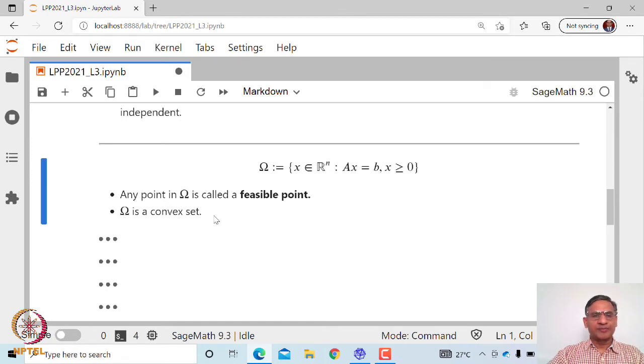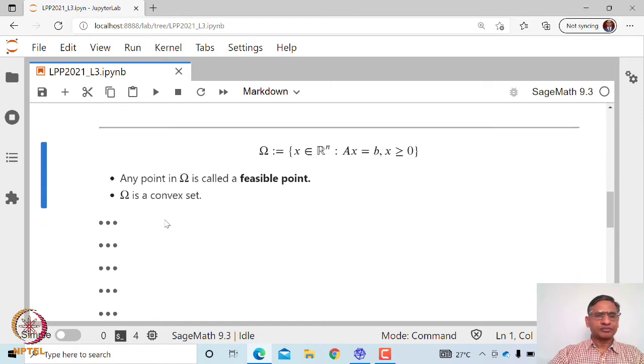What do I mean by that? It means that if you take any two points inside omega, then the line segment joining those two points will also lie inside omega itself. Any such set is called a convex set, and one can show that omega is always a convex set. It is quite easy to prove.